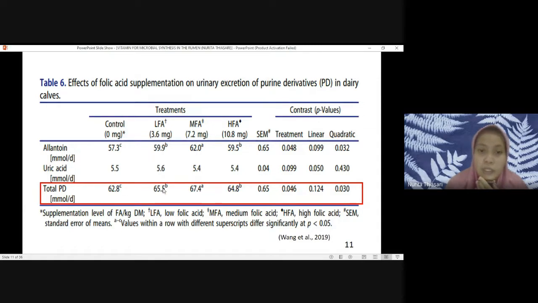We can see the medium addition of folic acid has higher total purine derivatives compared with the high folic acid addition. It's because there is a supply of folic acid to synthesize the microbial protein, but the energy is less. So the total microbial protein is reduced because there is not enough energy.